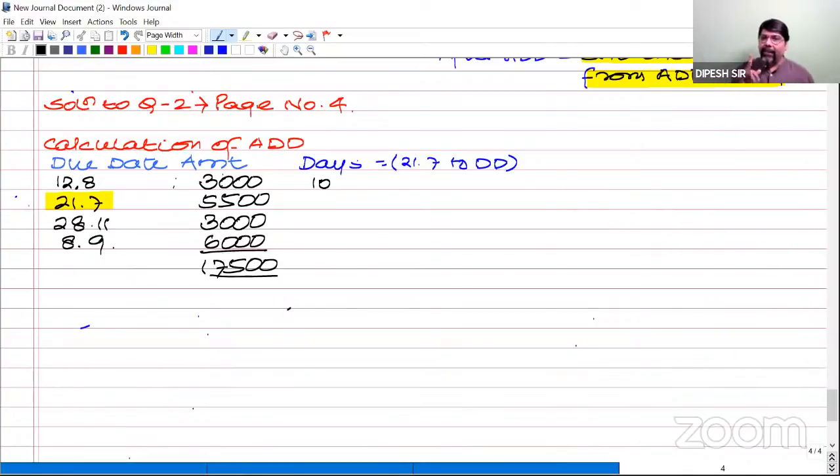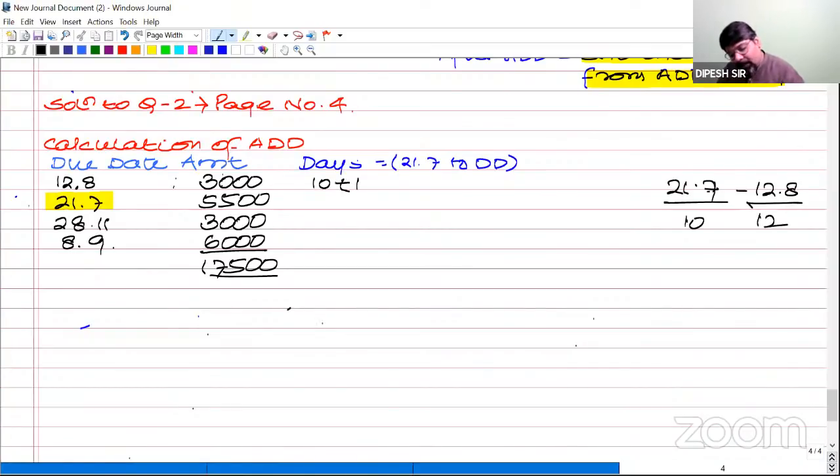So 10 are left in July. I repeat, 21st July to 12th of August: July 10 days and August 12 days. So 10 plus 12 is 22 days.